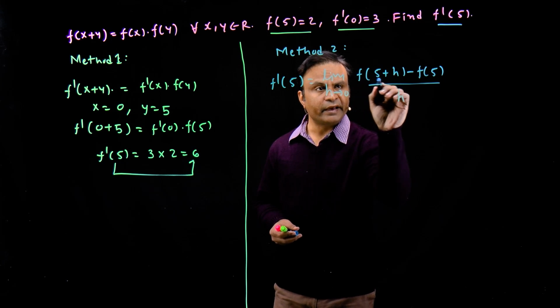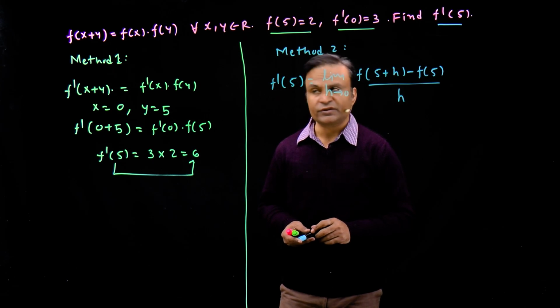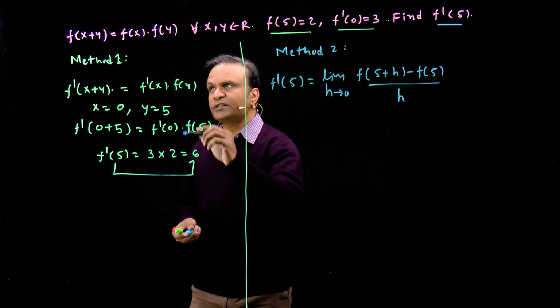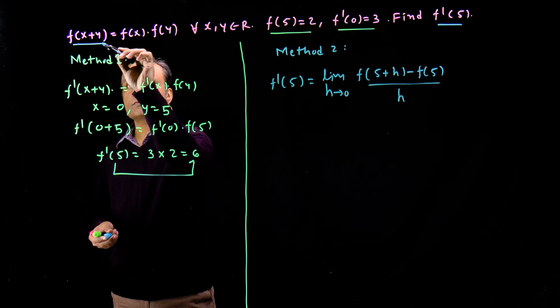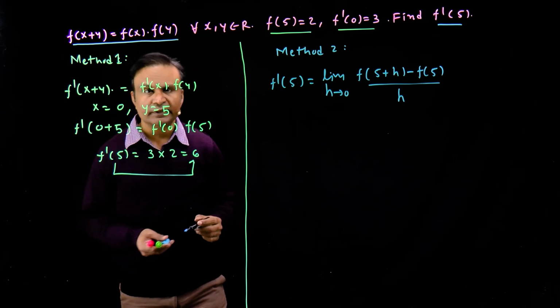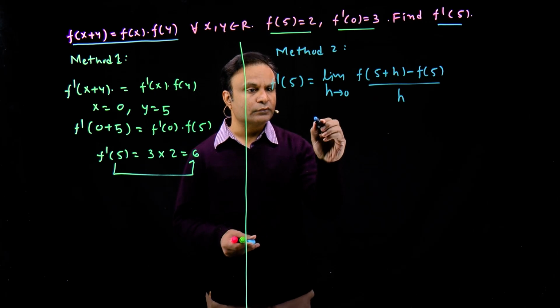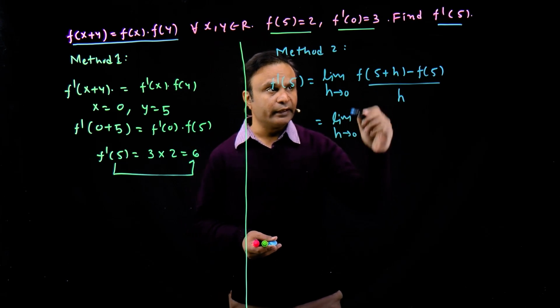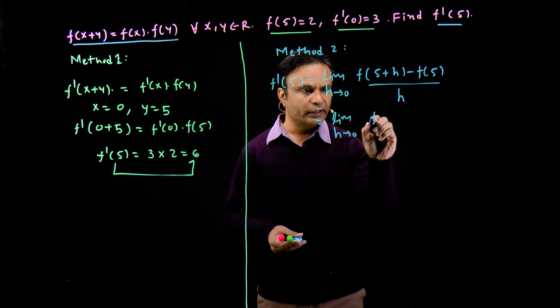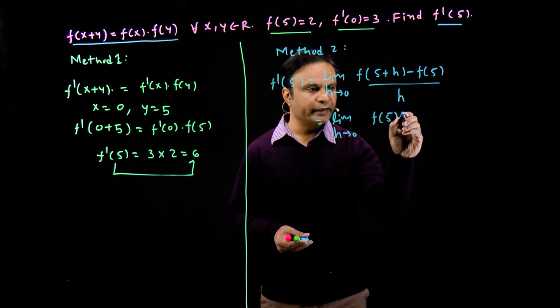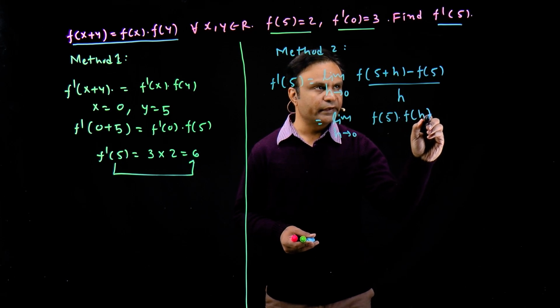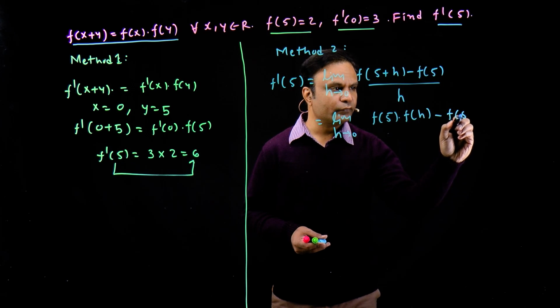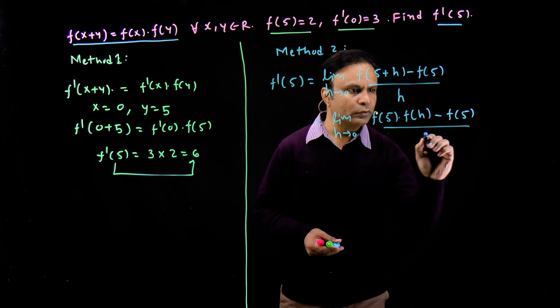Now here we have f of 5 plus h. In the given relation we have f of x plus y is equal to f(x) multiplied by f(y). So I can use this functional equation for f of 5 plus h: it is f of 5 multiplied by f of h minus f of 5 upon h.